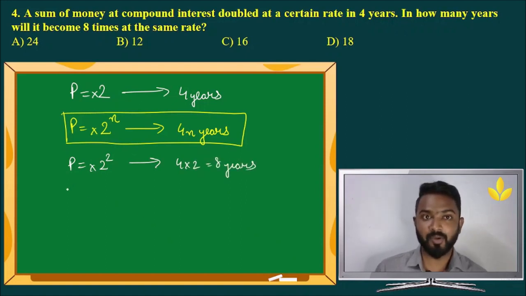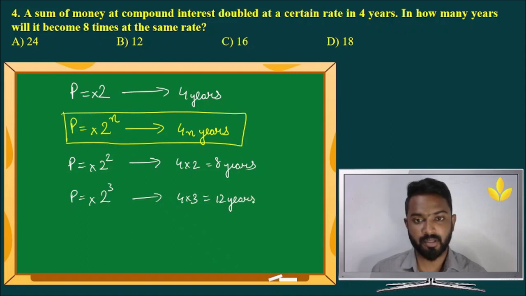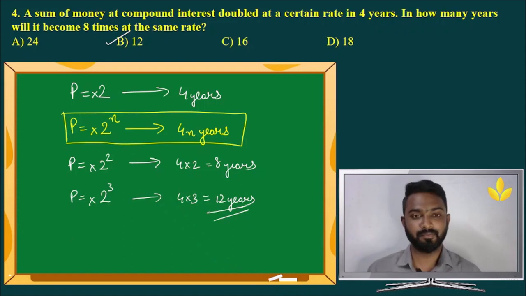But that is not the question. They have asked for 8 times. 8 times is nothing but 2 cube times. That will happen in 4 into 3, that is 12 years. That is what it is. Answer is B. Let's move on.